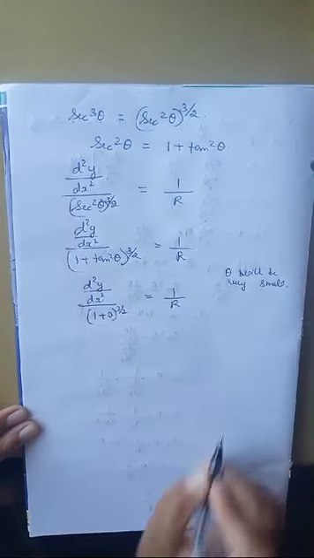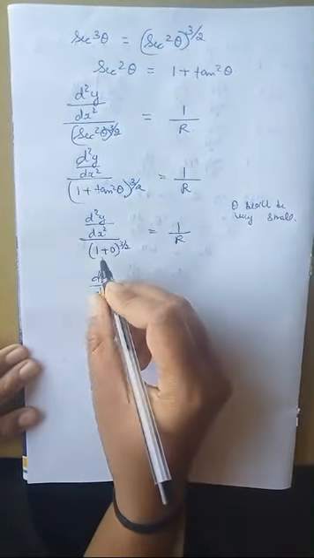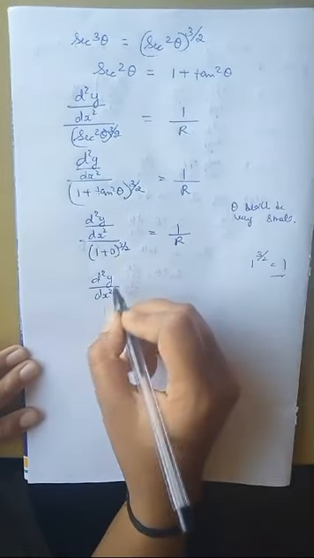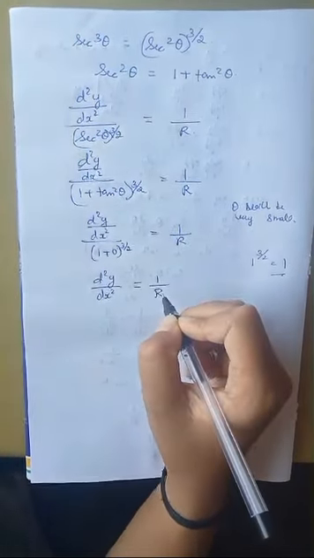What is 1 to the power of 3 by 2? It is 1 only, so we will not write that. So d square y by dx square is equal to 1 by r.